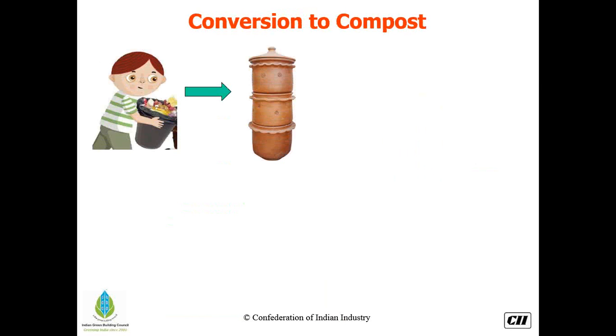When we come to the wet waste, the organic waste which is generated in your school or even in your homes, you can just do composting. This is also a resource within your site itself which you can reuse. These are a few technologies available now in the market.